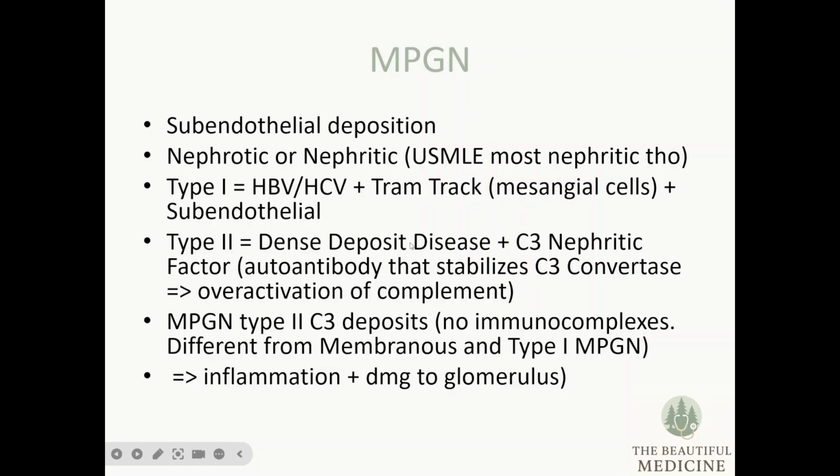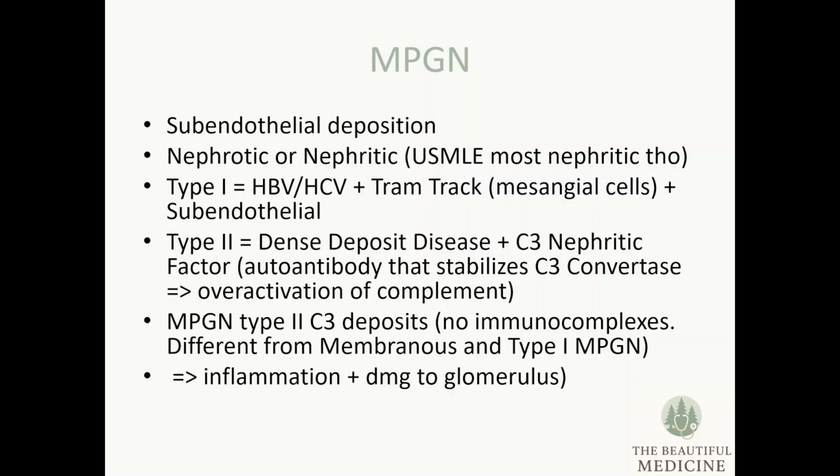In type 1, you're gonna have the mesangial cells next to the endothelial cells, and when you have the deposits, the mesangial cells will produce some collagen, I believe, and this collagen will cross over those deposits and produce a tram track, literally.